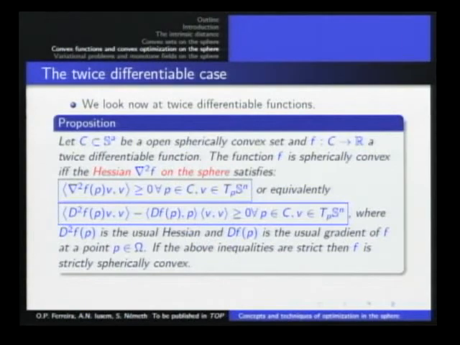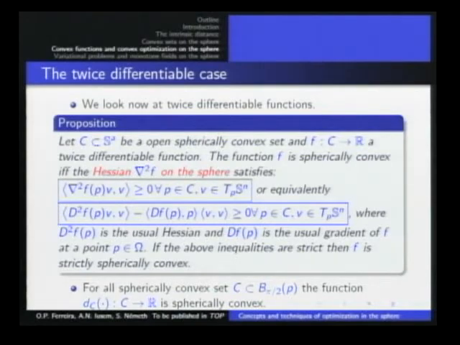Again, suppose now the function is twice differentiable, so f is spherically convex if and only if the Hessian satisfies this. This is the tangent space at the point p, and this is the equivalent formulation. This is the Hessian on the sphere, which is a field, and this is the usual Hessian and the usual gradient. So these are the formulas.